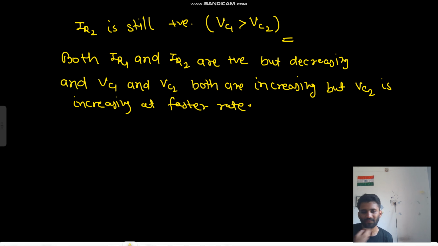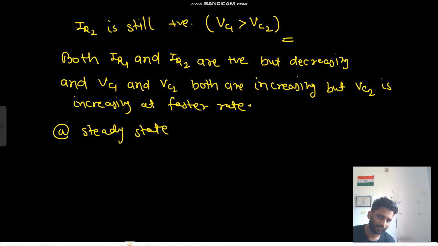VC2 is increasing at a faster rate. At steady state, along with that, VC1 is greater than VC2.